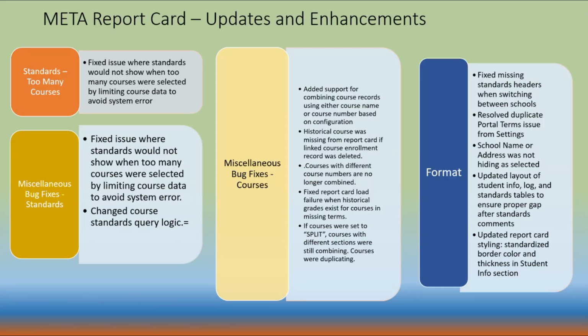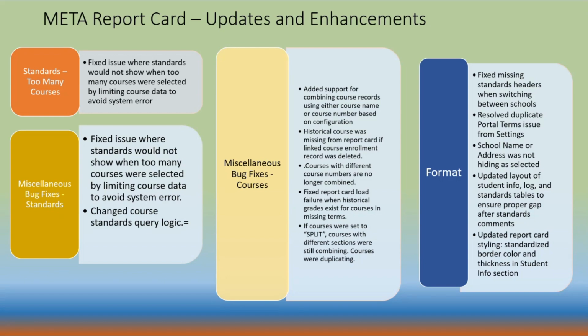Corey did some logic in the background. The combining course records, using the course name or the course number based on your configuration, that wasn't working as expected. That's been fixed.